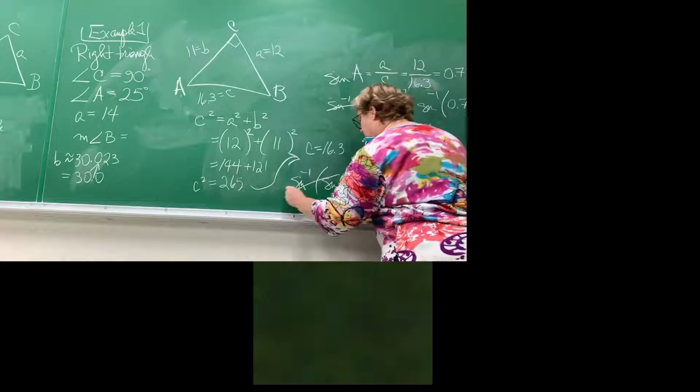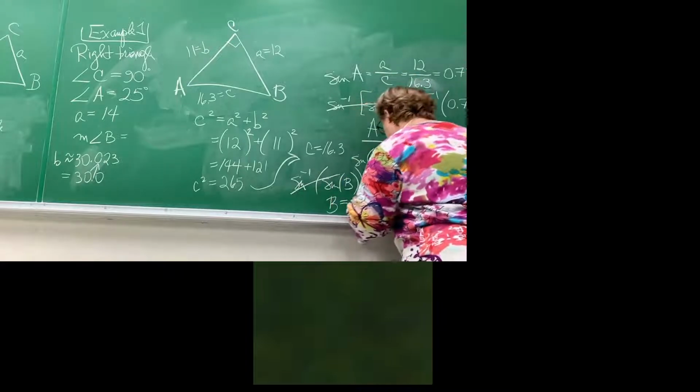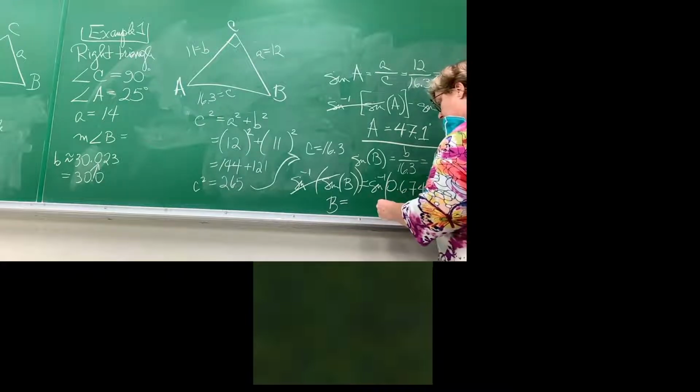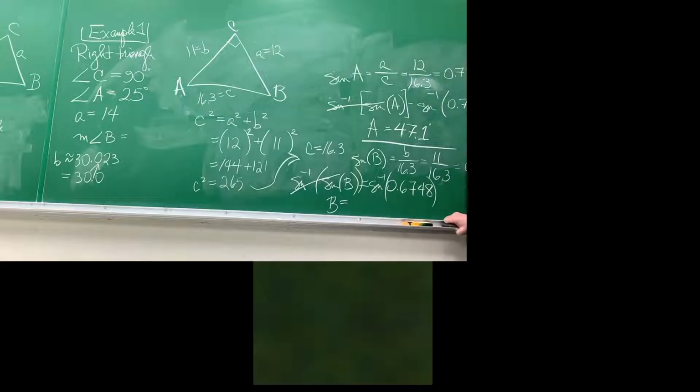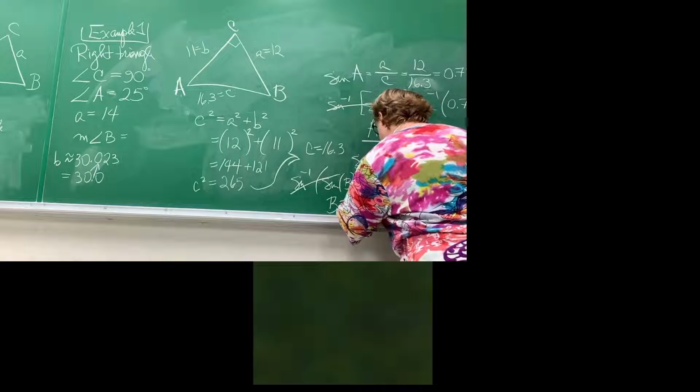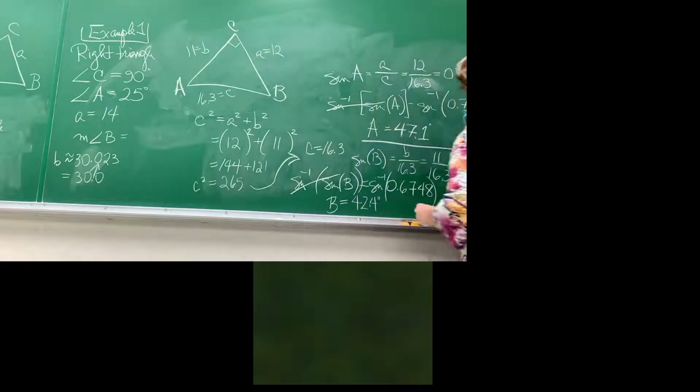They cancel out. Good. And on the right, we're going to evaluate an inverse sine of 0.6748 to 1 decimal place. I got 42.4, but we're still wrong 0.2. Get that. 42.4, yeah. All right.